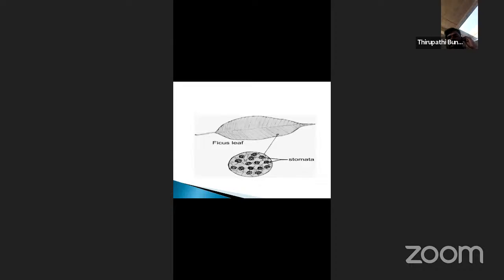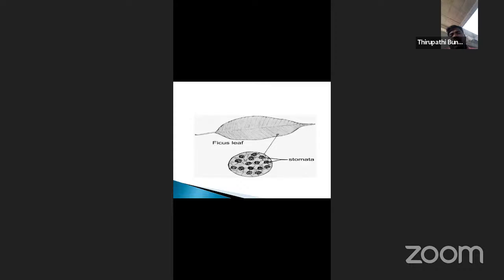First, observe one leaf disc. One small leaf disc shows a number of stomata. Here the leaf is a Ficus tree leaf.